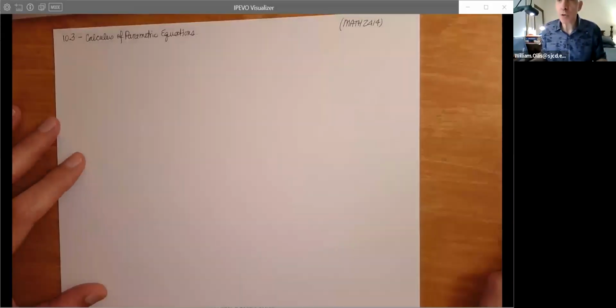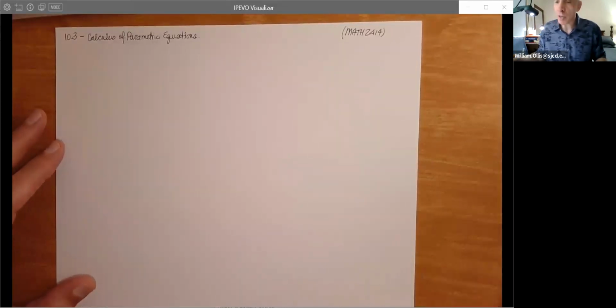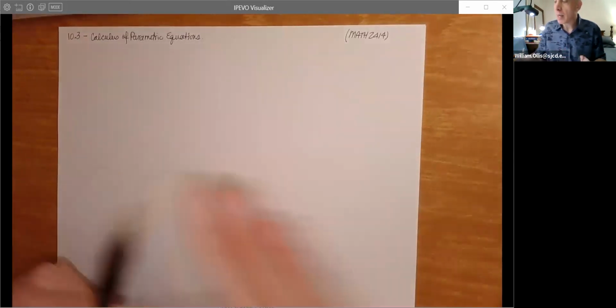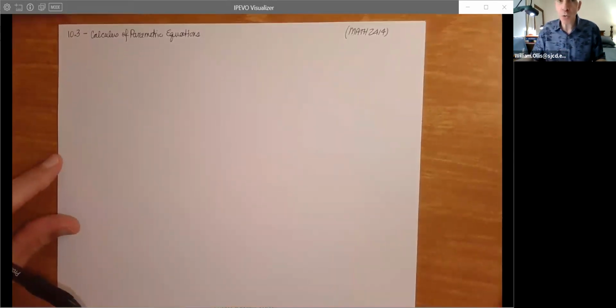Now for this particular section, what we want to do, ladies and gentlemen, is just basically recapture what we call the Cartesian derivative.